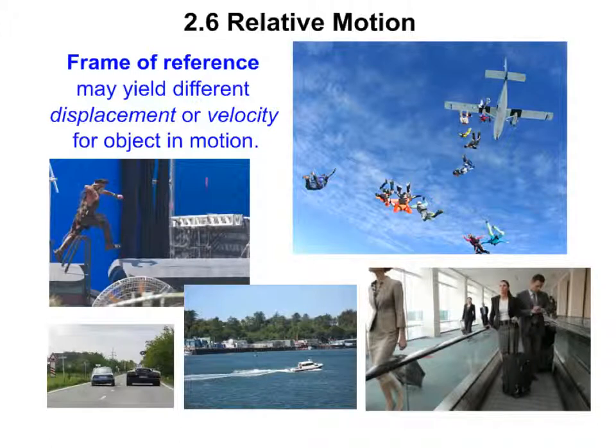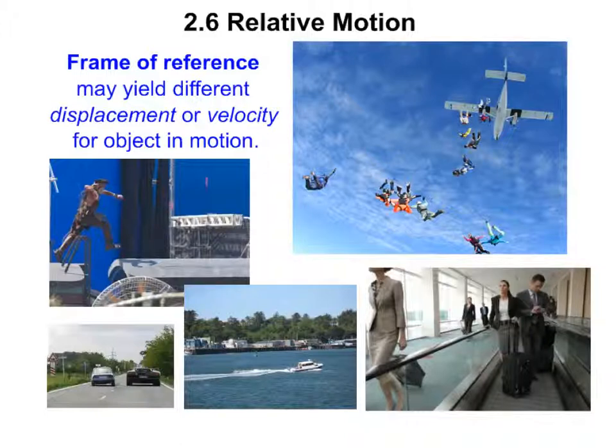If you're looking at this from the point of view of the plane, as these parachuters are jumping out of the plane, they would appear to, say, the pilot in the plane itself to be moving at a very different velocity and direction as, say, the frame of reference of a person on the ground, or the frame of reference of some clouds.